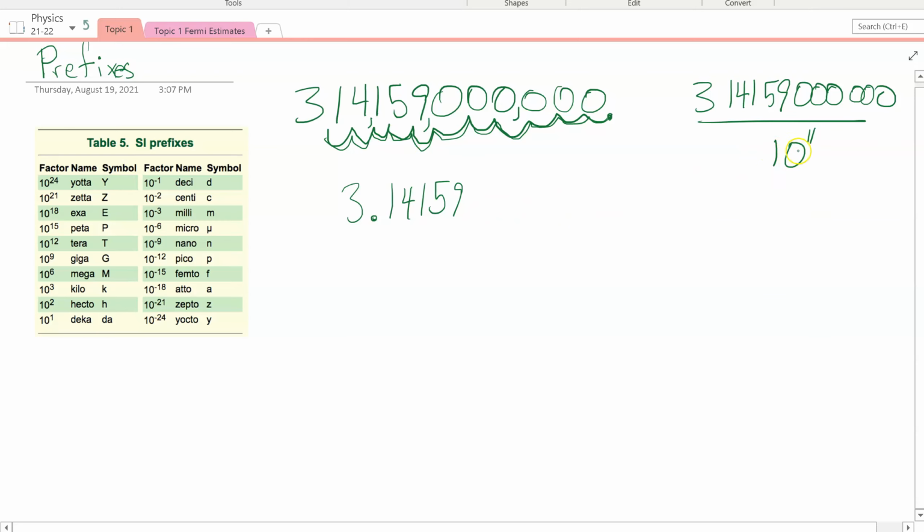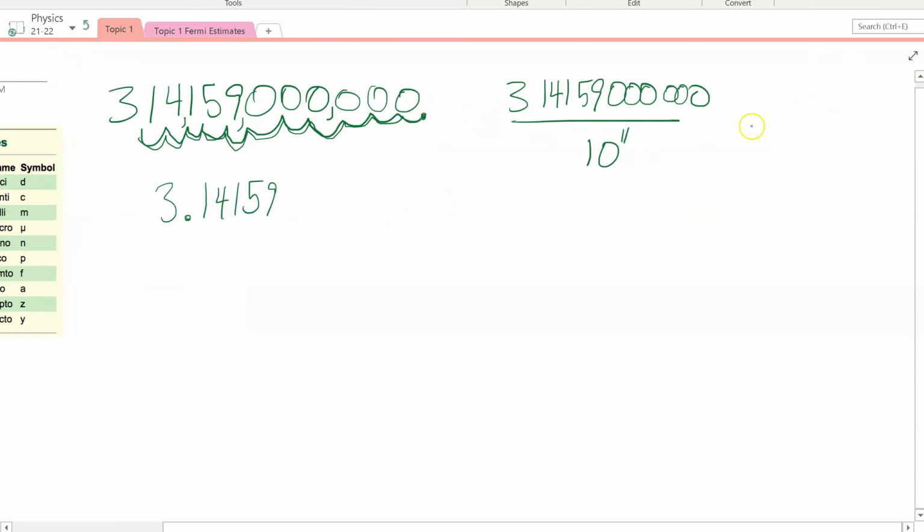Since I divided by 10 to the 11, if I just stop and say, okay, here's my new number, what's the problem? Well, obviously this number that I wrote down is vastly different from the number that I started with. The goal with scientific notation is to represent the same number, and the way that you can do that is by multiplying by 10 to the 11.